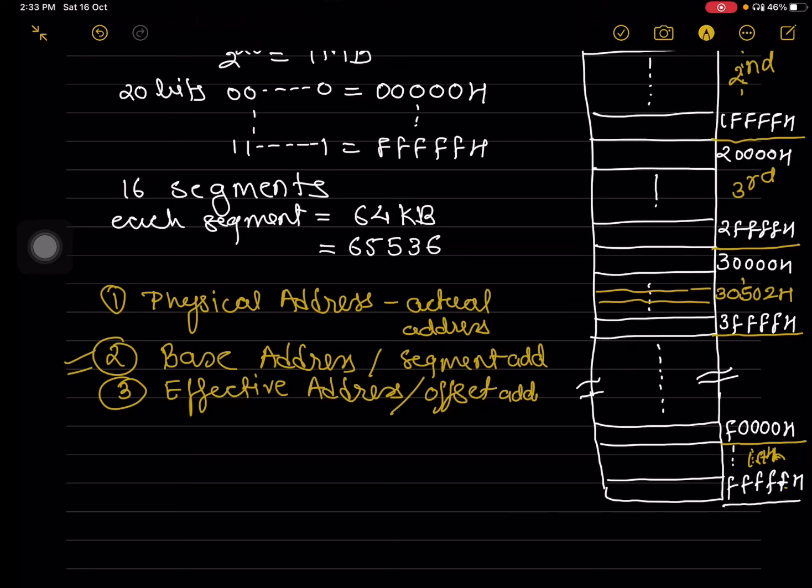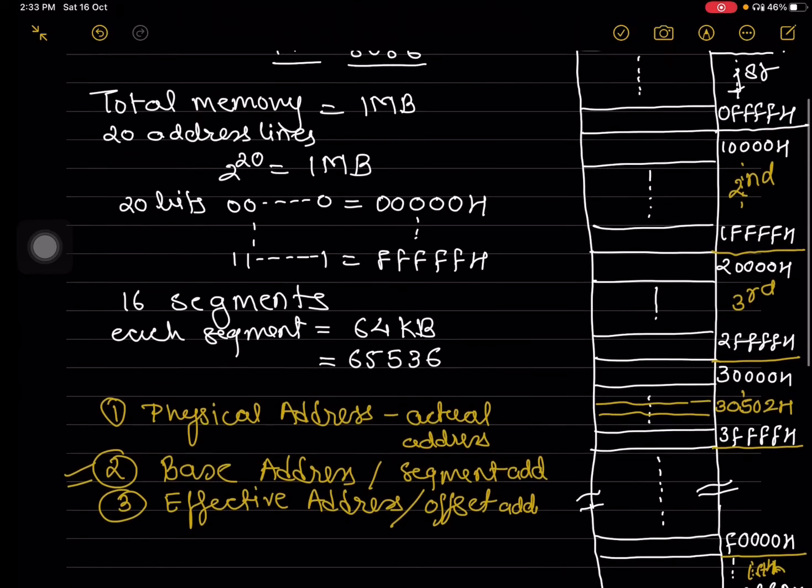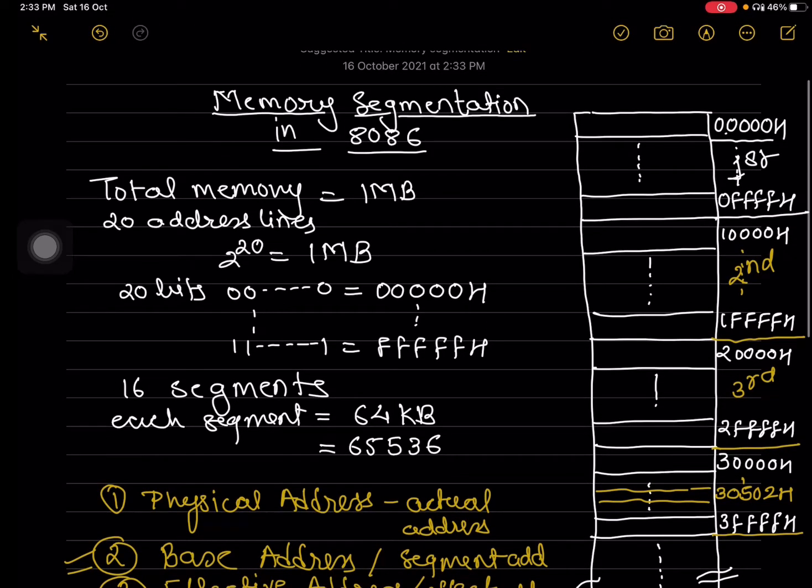Let us now discuss the base address. For any memory segment, the starting memory location of that segment is called the base address of that entire segment. If my first segment begins from address 00000H, then this is the base address for all the locations lying within this segment.